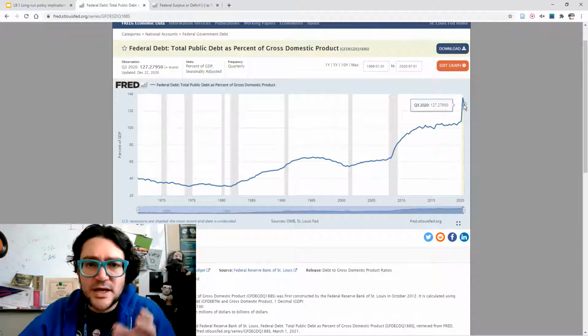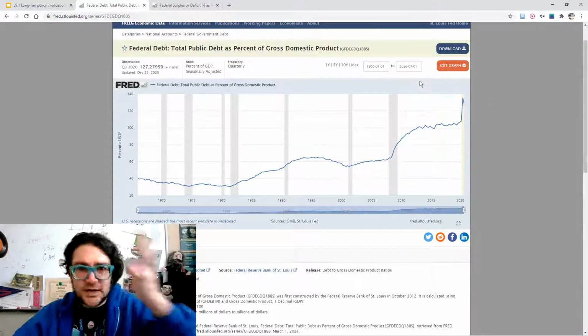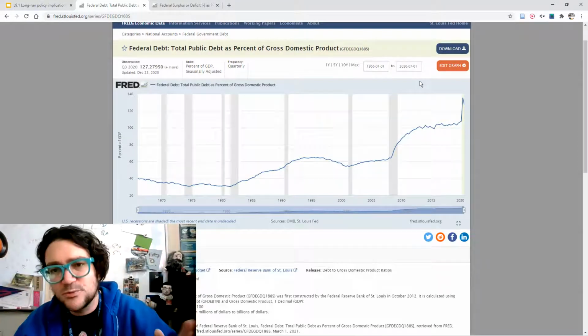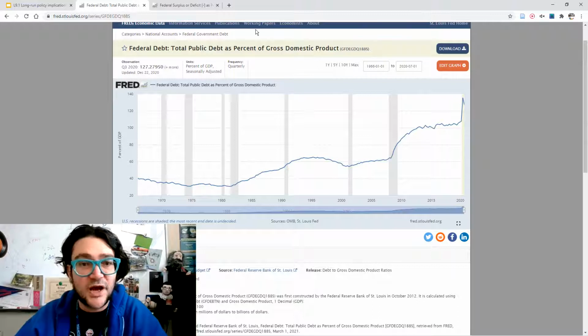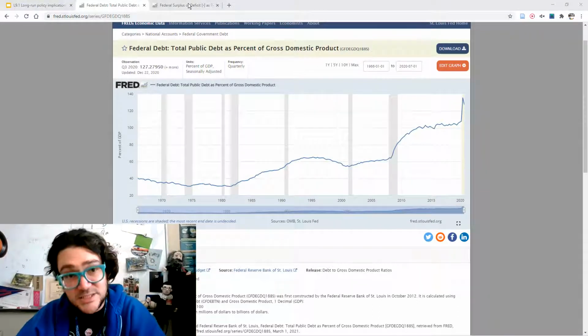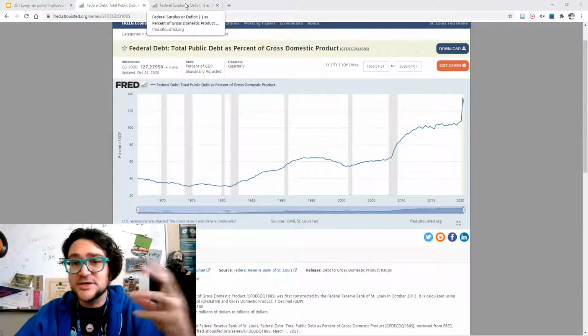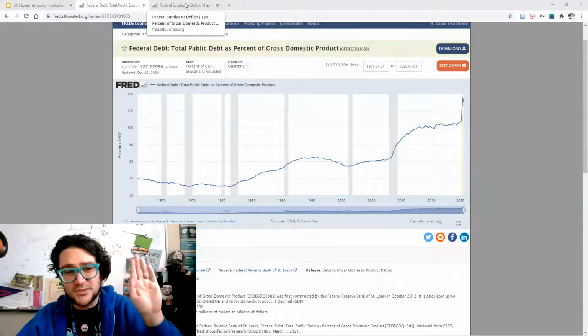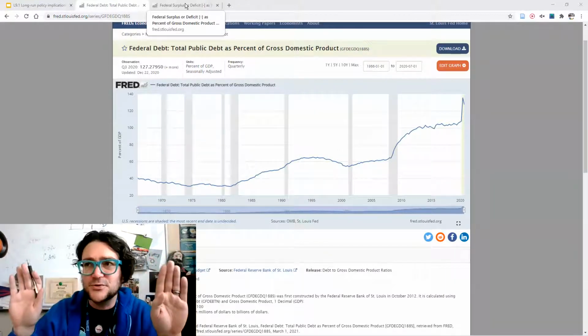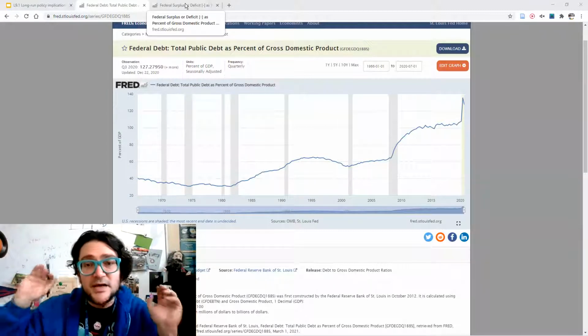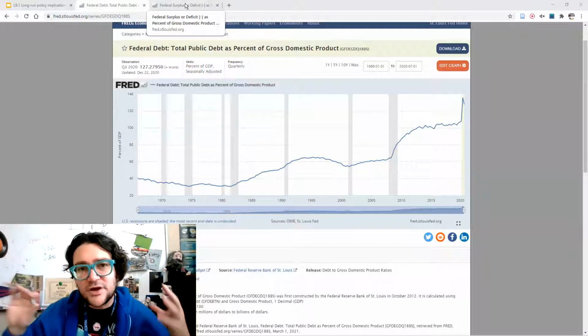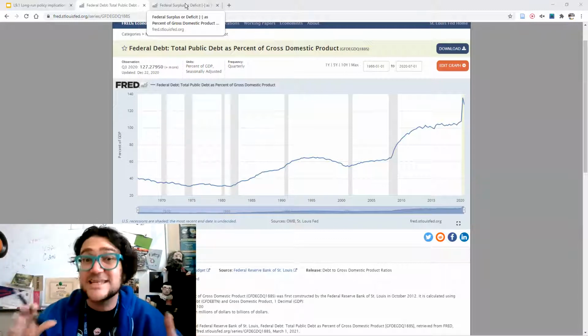Now, some of you watching this might go, oh my gosh, the sky is falling. But what we also have to think about is comparing us to the other countries lenders might be considering, right? People who are considering lending to a government look at it and go, should I lend to the US government? Should I lend to France? Should I lend to Canada? Should I lend to Japan? And all of those other countries experienced the same thing at the same time.